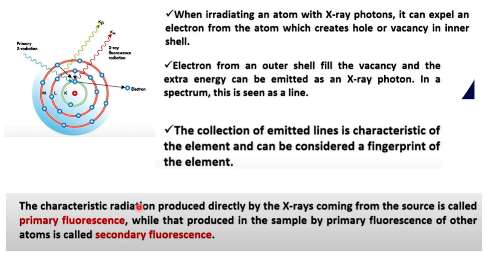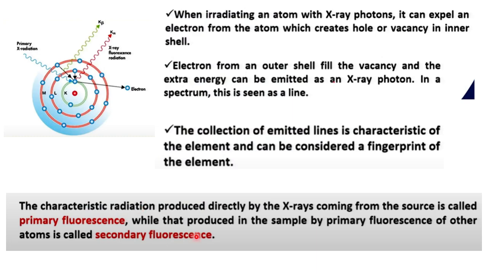Now since of course the energy level depends on the atom, from a single atom a specific energy of X-ray fluorescence is possible. So from different atoms, different energy X-ray fluorescence will come out.